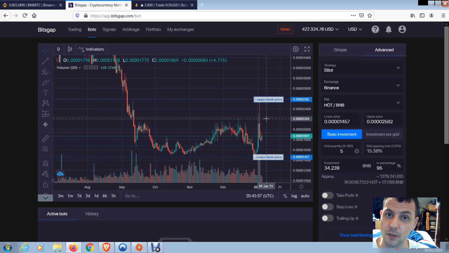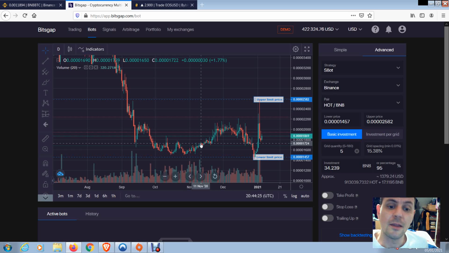If the base pair looks like it's going to have a breakout, if we think Bitcoin's going to have a breakout, or Ethereum's going to have a breakout and rally 20% or more, and the coin that we're going to choose isn't going to do that, that's going to impact the chart itself, and this is the chart that will be traded by the bot. So if Bitcoin or any of the base pairs rally harder than the currency that you're looking to trade with the bot, then the chart goes down.